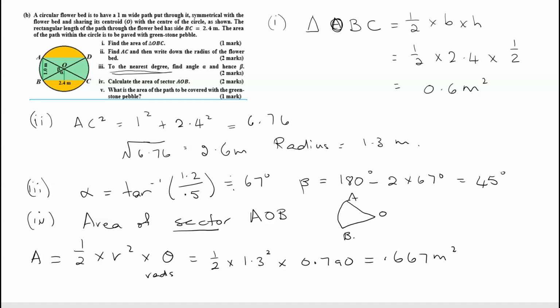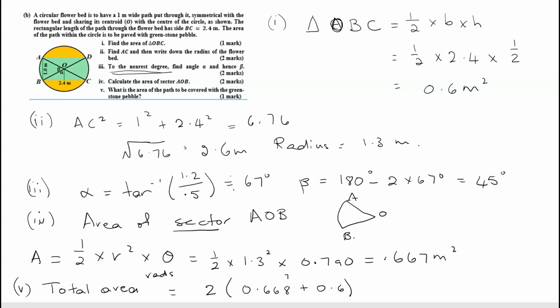The last part then, right, you could have written this in several ways, but it's symmetric, so it's going to be 2 times the area of 0.668, I think is near enough, plus the 0.6 from the first part.